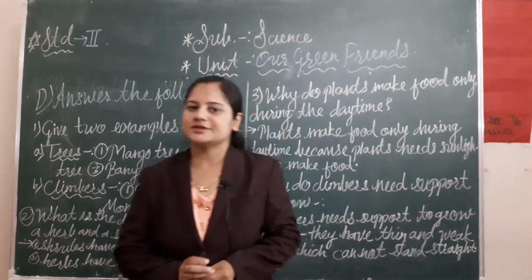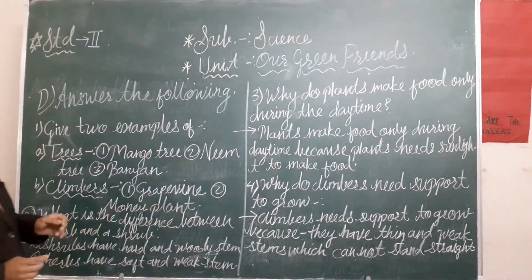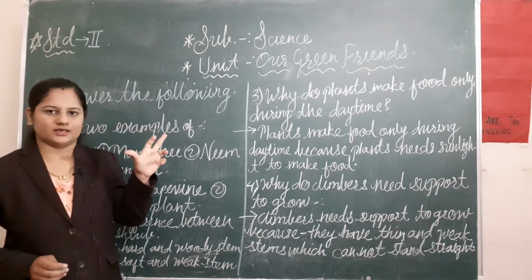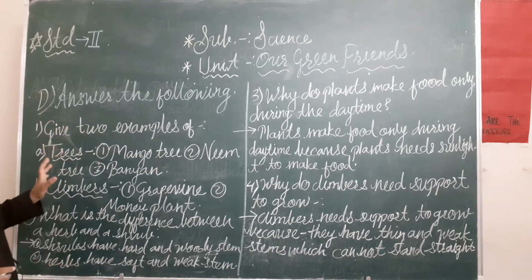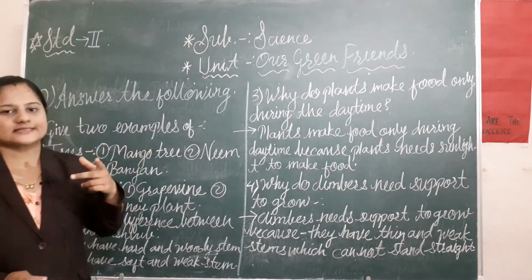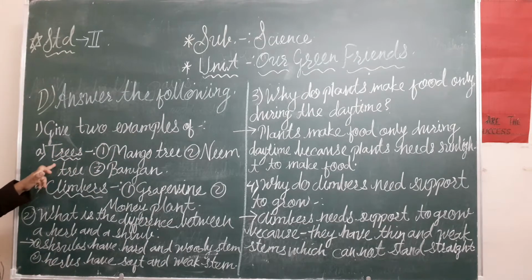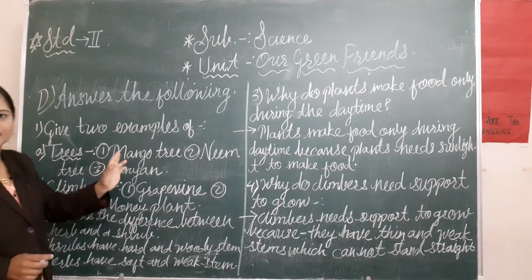Students, we have completed questions A, B, C. Now let's move towards D. Answer the following. Our last question is to answer the following. First question is give 2 examples of trees. A mango tree and a neem tree, banyan tree.